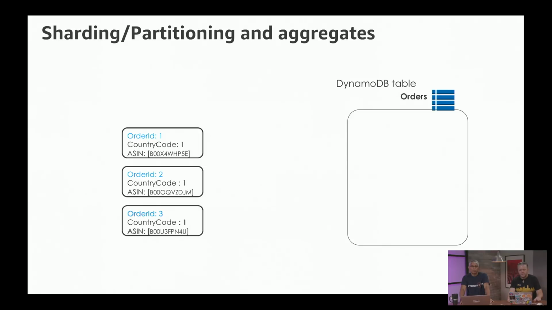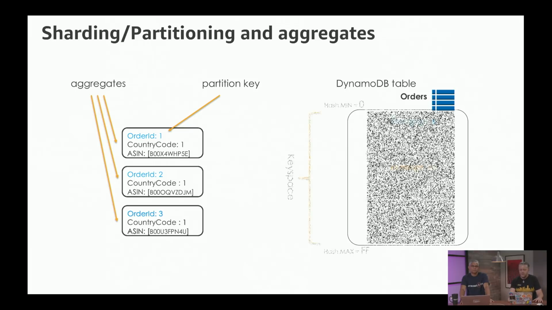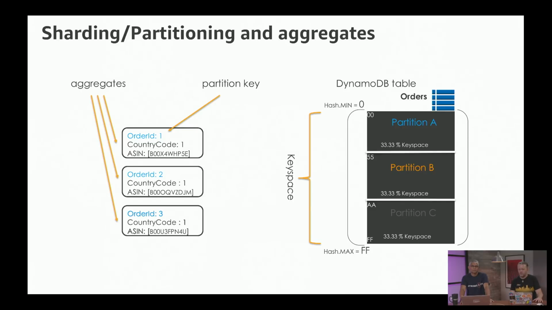If we put that now in the context of sharding and partitioning, here's an example where we're storing orders in a DynamoDB table, and the partition key is the order ID, and we see that each one of these aggregates has a different order ID. If we take a look under the hood of this DynamoDB table, if we were able to do that, we would see that there are many partitions, right?